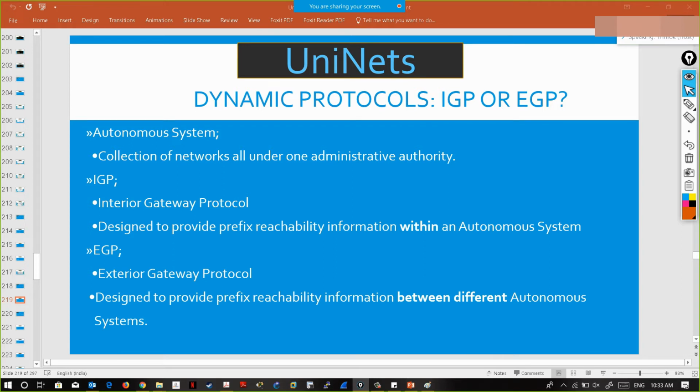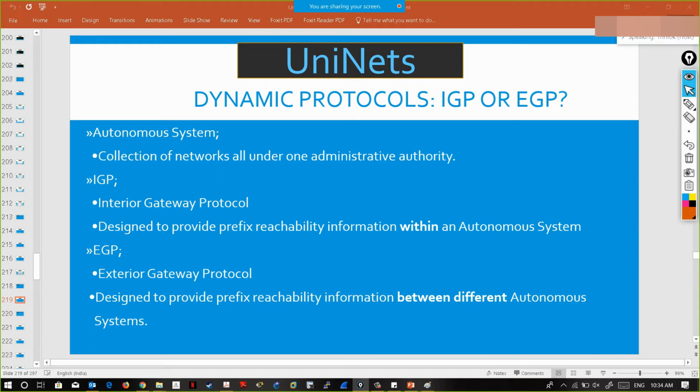Every ISP will have a specific AS number, an autonomous system number. You are on Airtel.